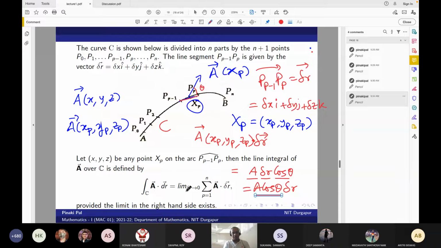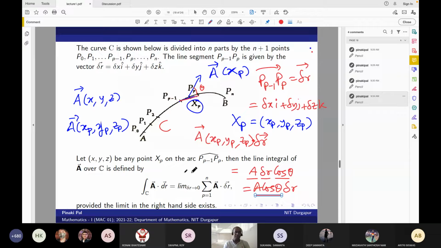In that case, we have to use this line integral to calculate the work done. Okay, so there are other quantities as well, like vorticity in case of fluids, velocity field, etc. Integration along a streamline, integration along a vortex line, etc. In those cases, these line integrals will appear.